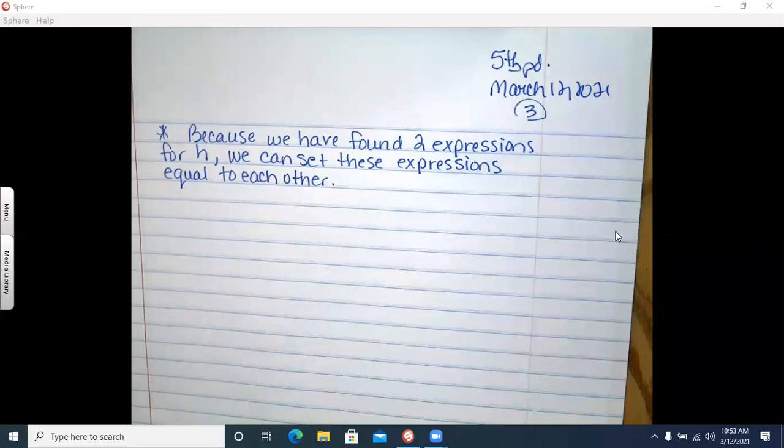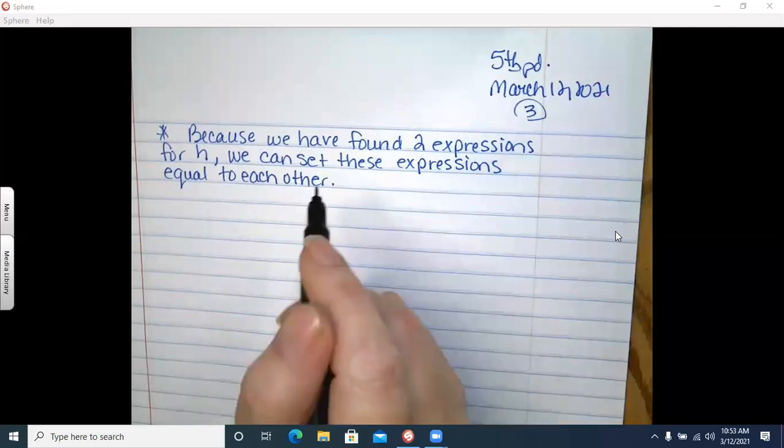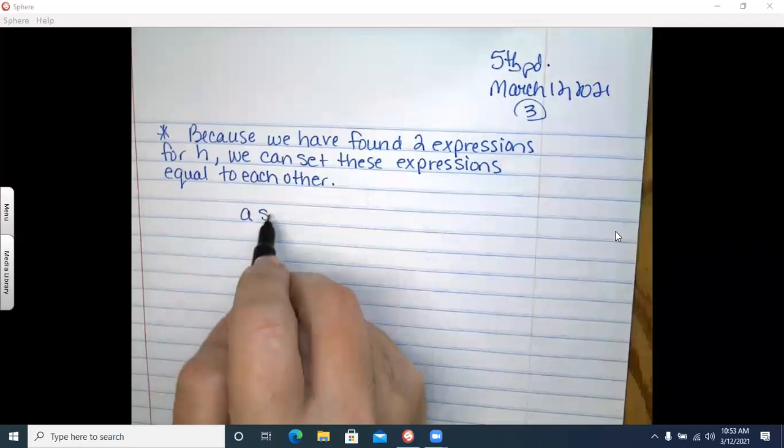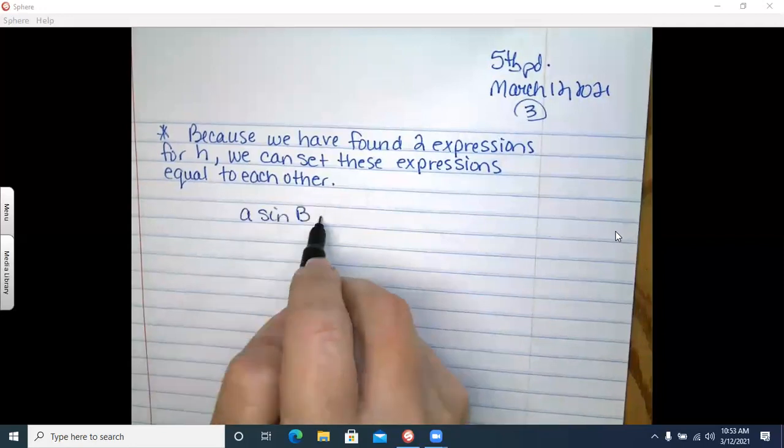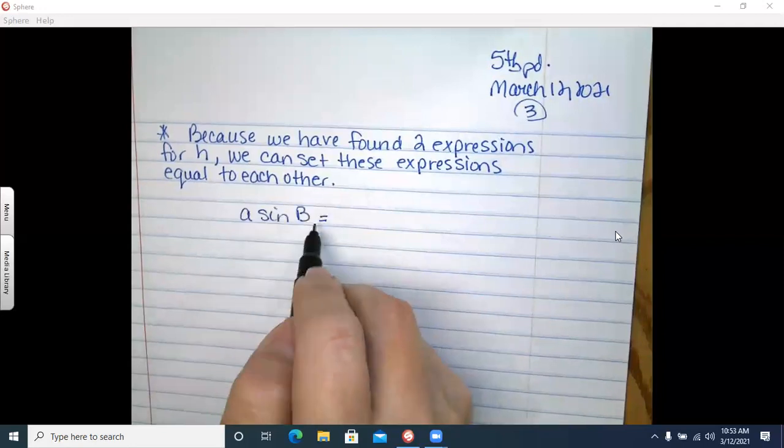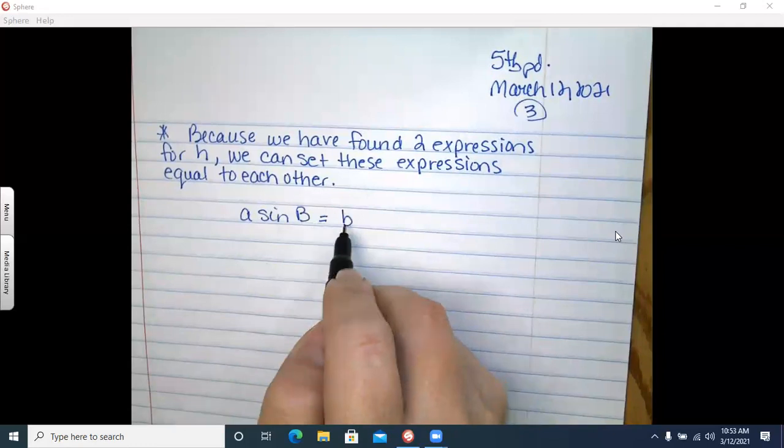So we have lowercase a times the sine of uppercase B equal to lowercase b times the sine of A.